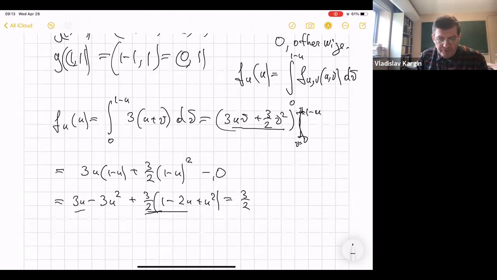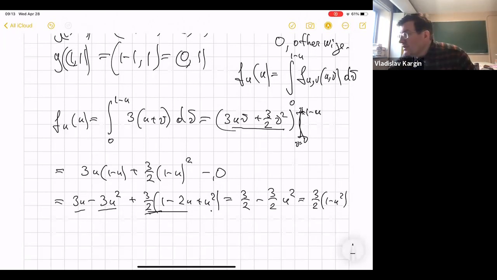Here's minus 3u squared, and here's plus 3 half u squared, so minus 3 half u squared. So it's equal to 3 half of 1 minus u squared. Let's see if it's right. Yes, it agrees with what we got in the previous example when we used the CDF method.